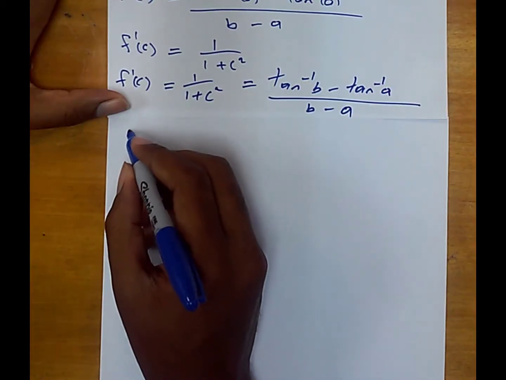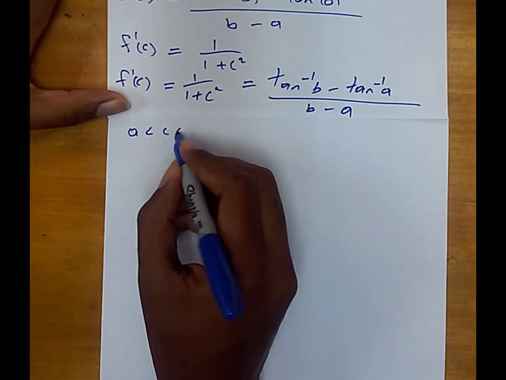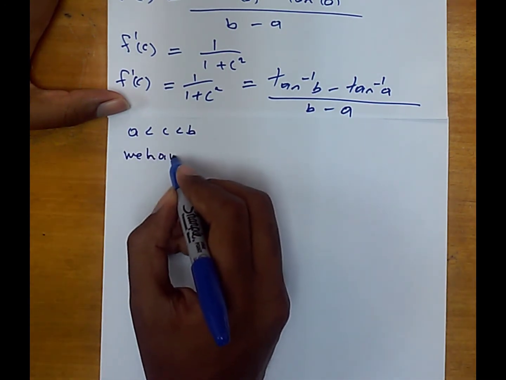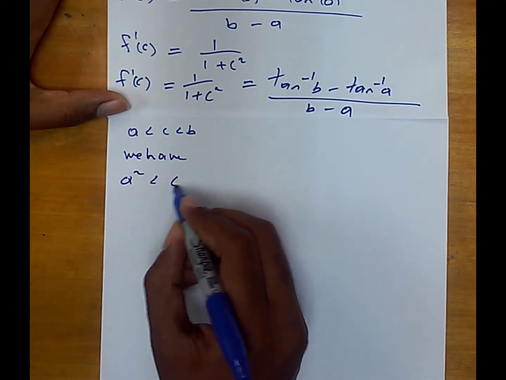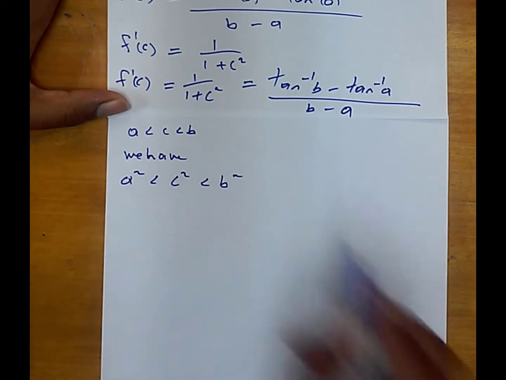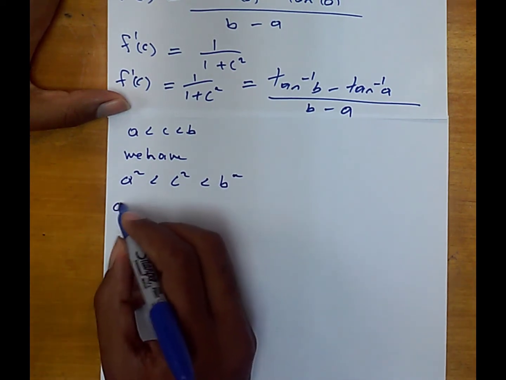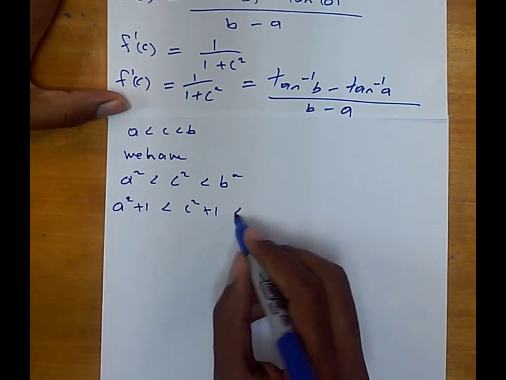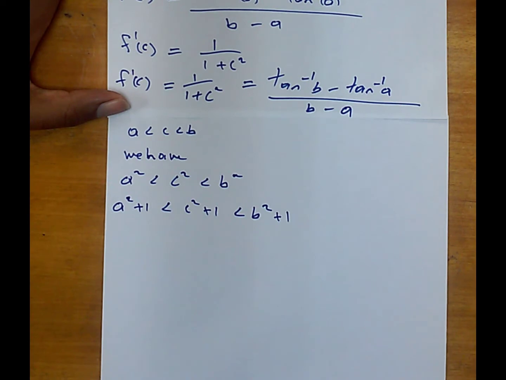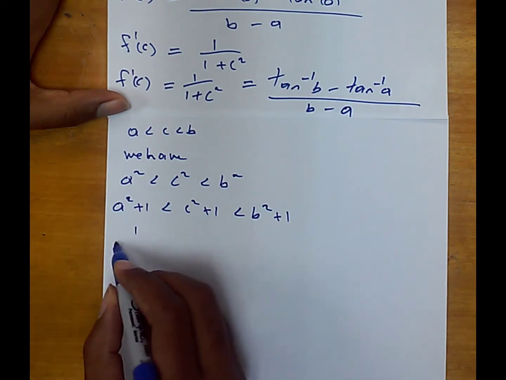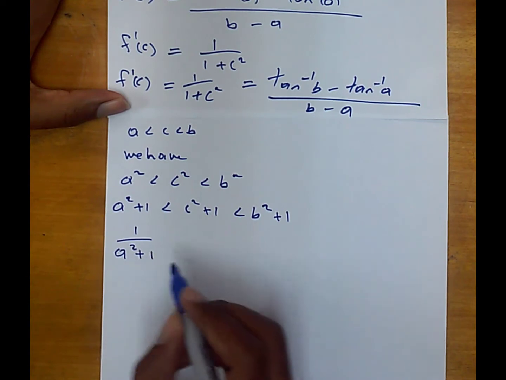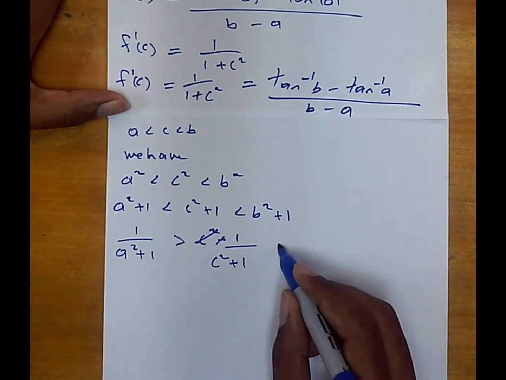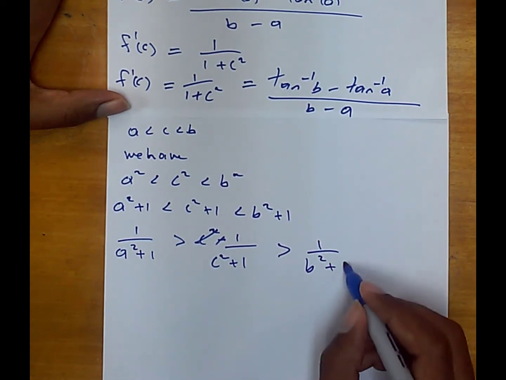Now since a is less than c less than b, we have a squared is less than c squared less than b squared. Also, we have a squared plus 1 is less than c squared plus 1 is less than b squared plus 1. It follows that 1 over a squared plus 1 is greater than 1 over c squared plus 1 is greater than 1 over b squared plus 1.